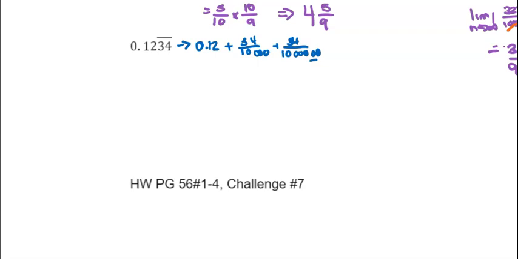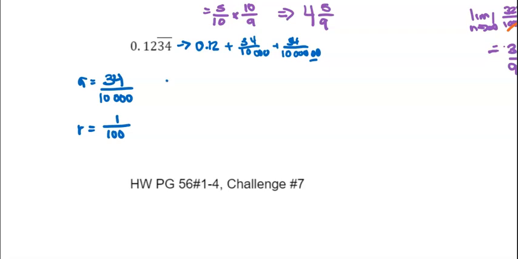And I need to add 2 more zeros there because I've moved 2 places back. Okay, so my A, part of the repeating pattern, is 34 over 10,000. My rate, I'm going up by 2 place values at a time, so I'm going up in hundreds.